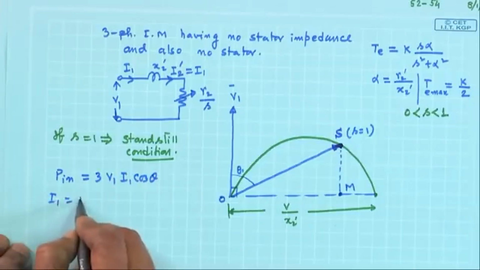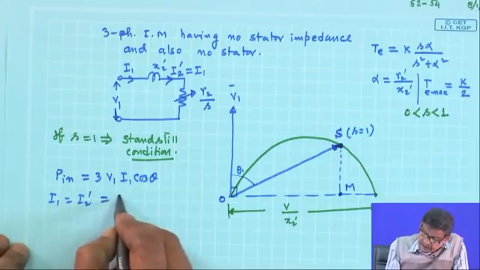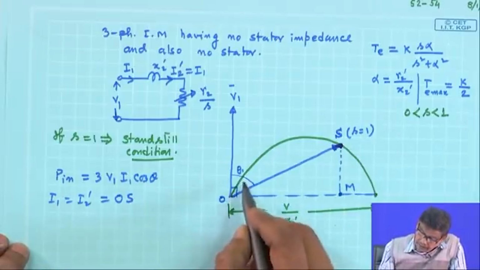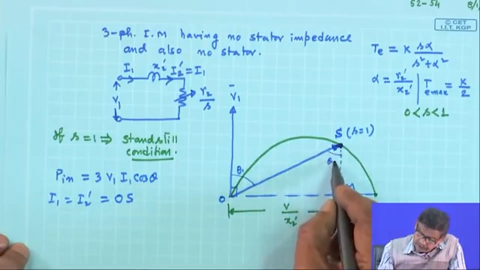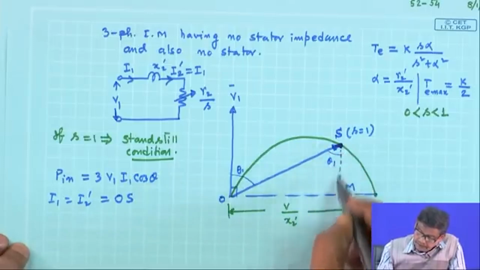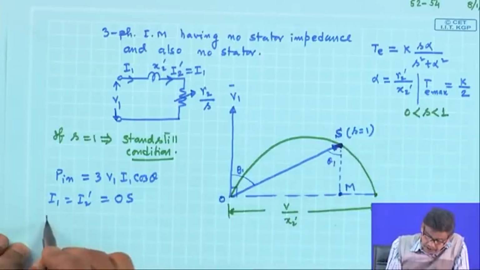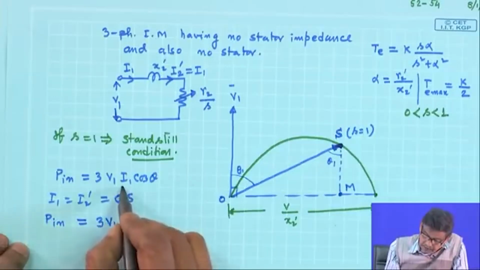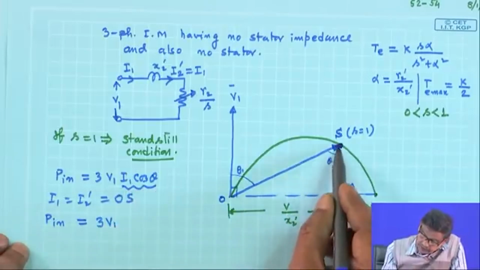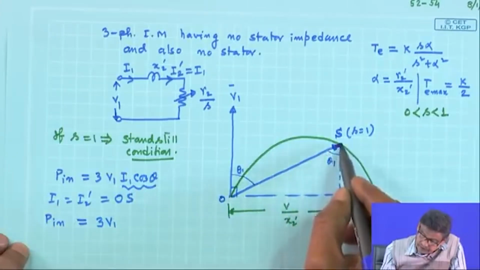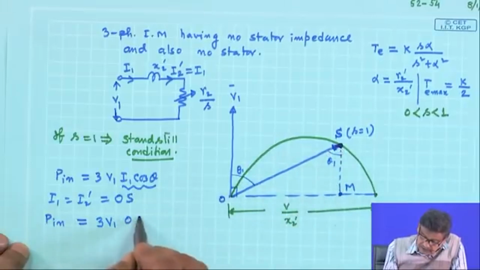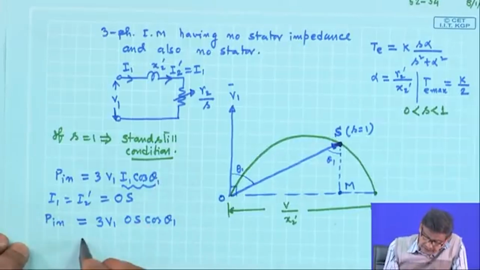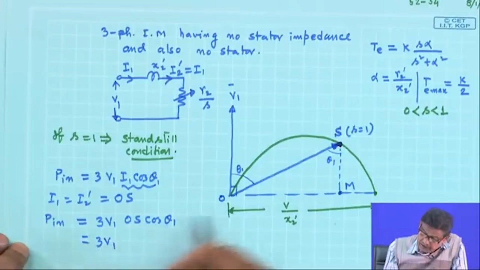I1 in this case is equal to I2 dashed, which is the length OS. Therefore, I1 cos theta 1 is your SM. So P in will be equal to 3 V1 times I1 cos theta 1, that is OS cos theta 1, and this length will be SM.